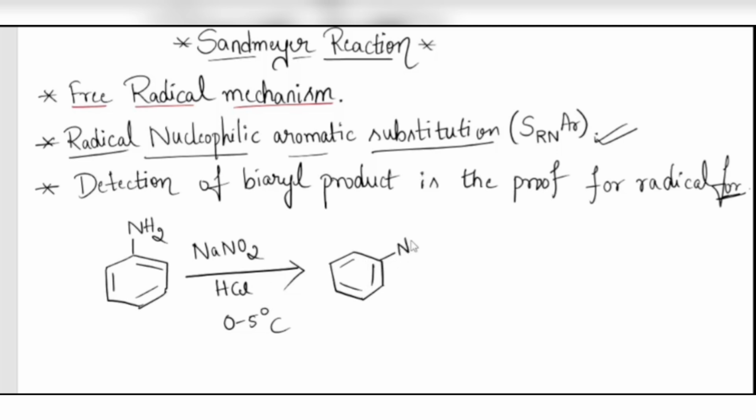Here I will be getting N2 with a positive charge and a halide, and this step is called the Sandmeyer reaction. In this case, copper(I) halide we will be using as catalyst, and finally we will end up with halobenzene.